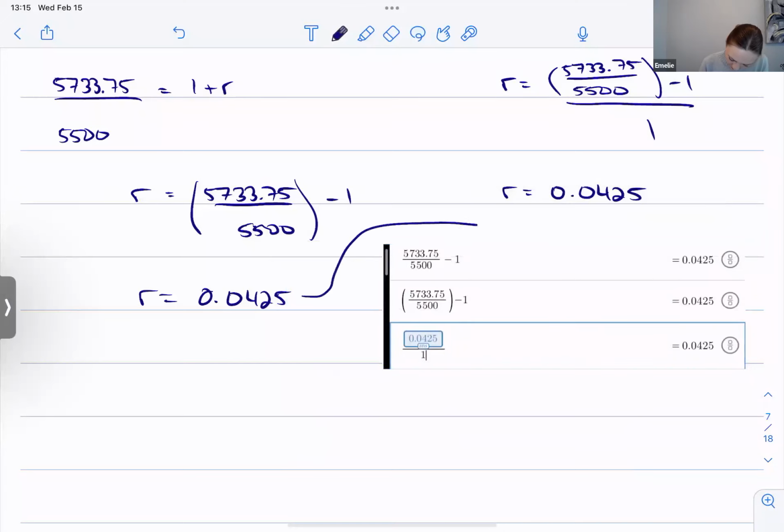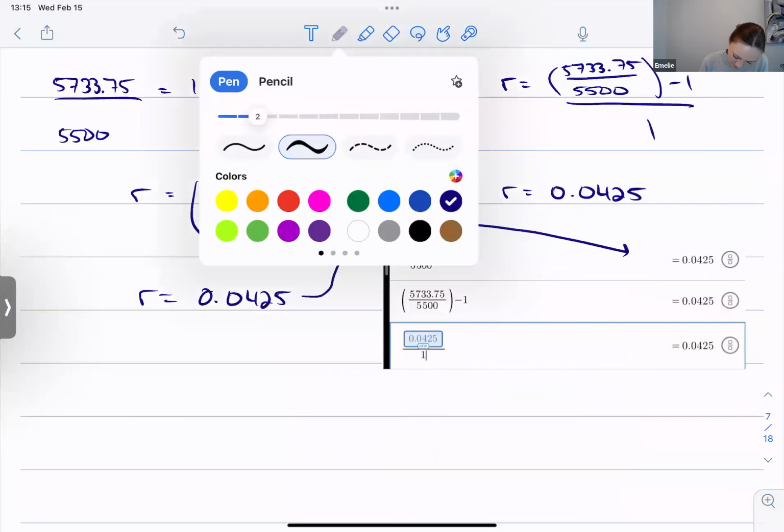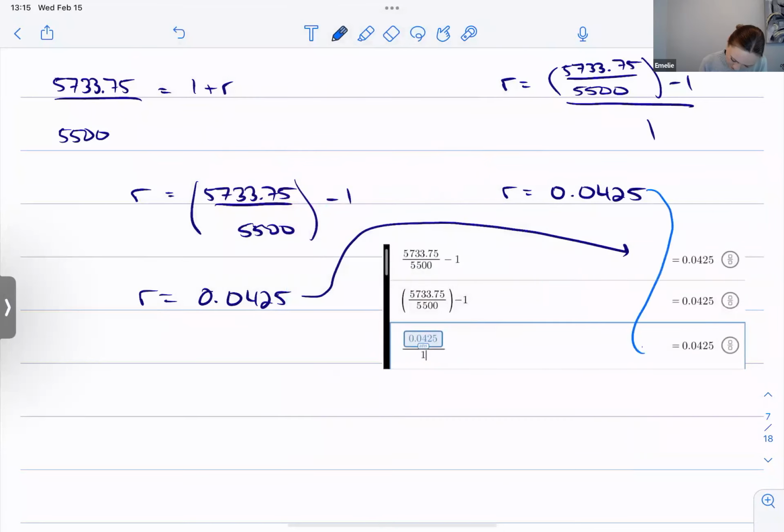So this came from this, and this came from this, but obviously they're all the same. It doesn't matter which way you use, just be careful. So what was the rate of simple interest? 4.25%.